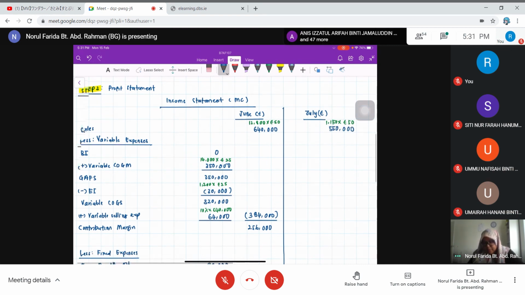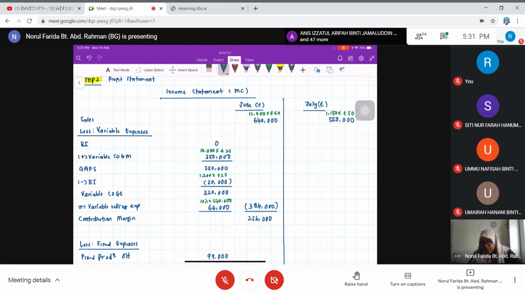Okay. Beginning inventory. Right. Ending inventory untuk Jun. Okay. Ending inventory untuk Jun adalah beginning inventory untuk Julai. Kenapa? Sales bukan 11,000 ke? Lah.